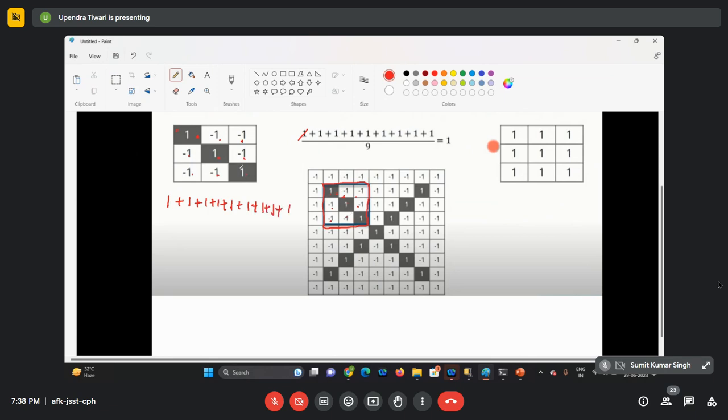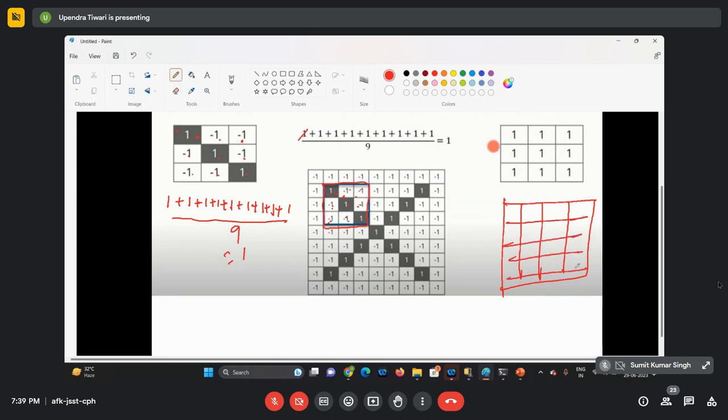So how many times have we multiplied? 1, 2, 3, 4, 5, 6, 7, 8, 9. And you divide it by 9. So what did you get? You got 1. So this 1 will represent the central value. So the central value will become 1.